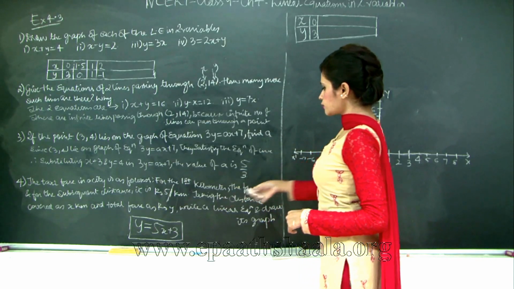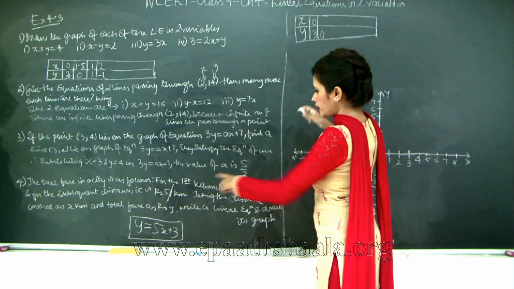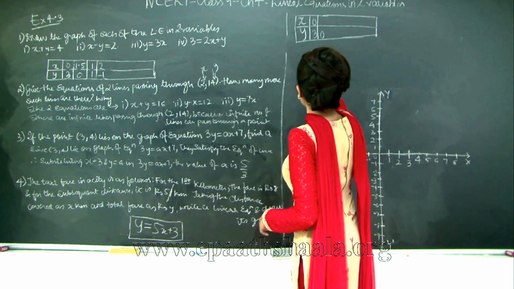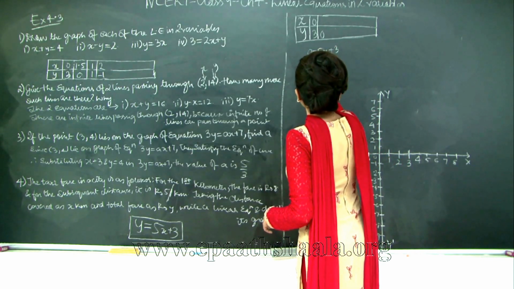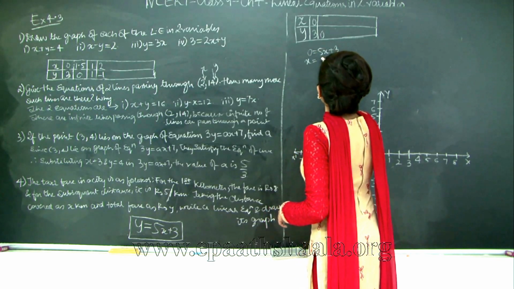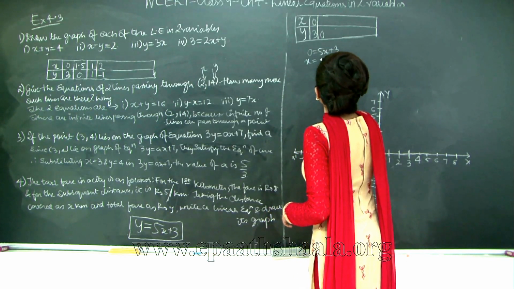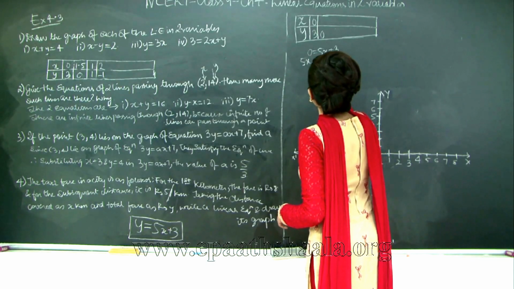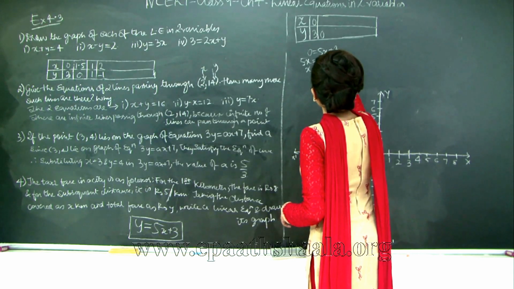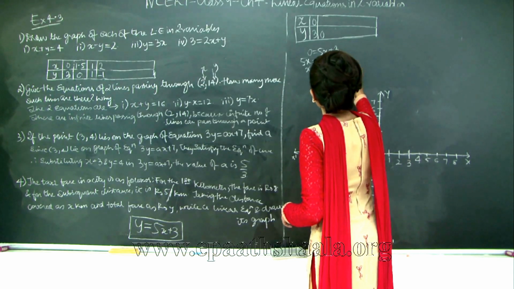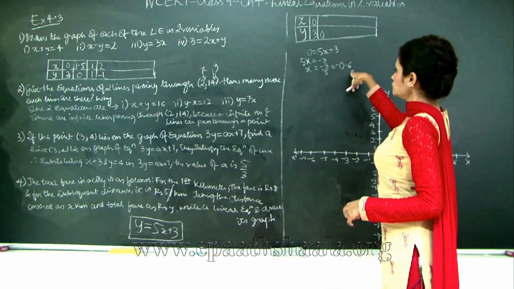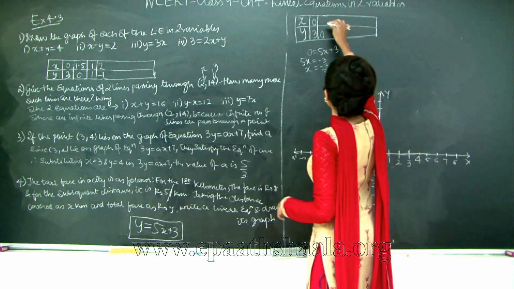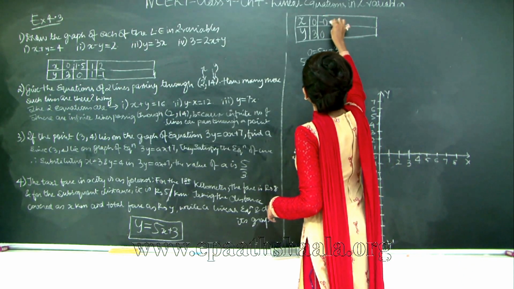And when y is equal to 0, let us find the value of x. So 0 is equal to 5x plus 3, therefore 5x is equal to minus 3, and x is equal to minus 3 upon 5, which is equal to minus 0.6.